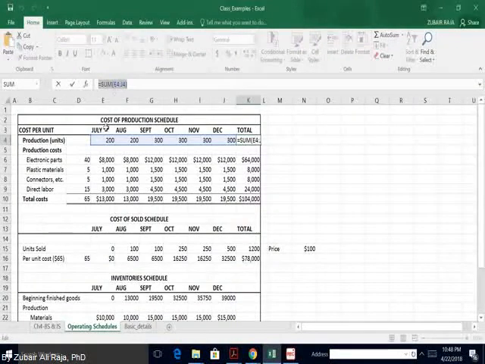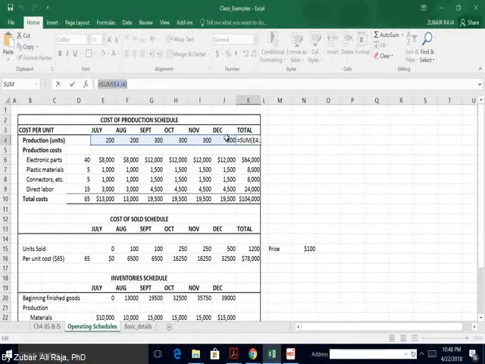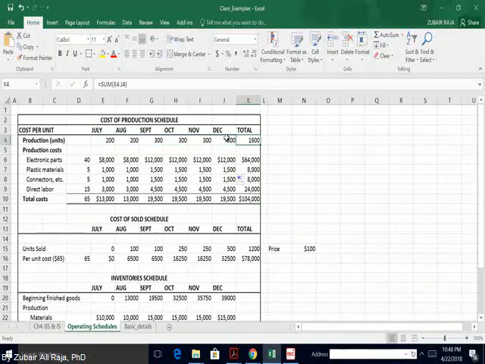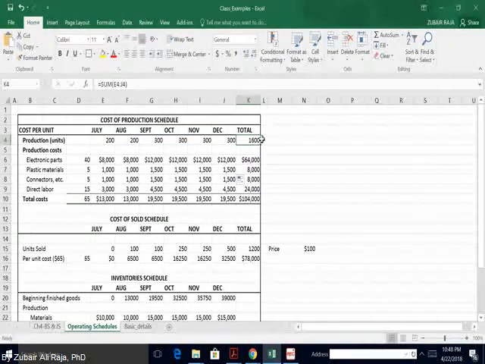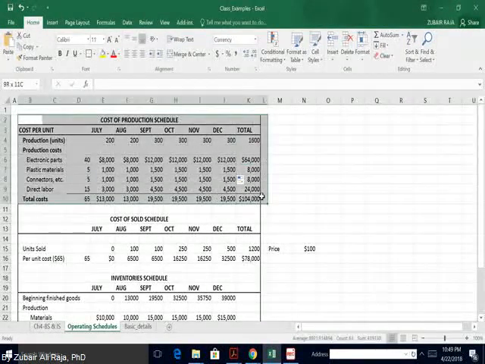Look over here, the formula: sum from E4 all the way to J4. So all these numbers will add up together and give 1600, like over here. Likewise for the rest of the rows in this first panel.